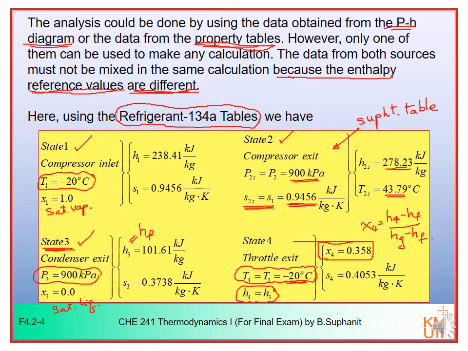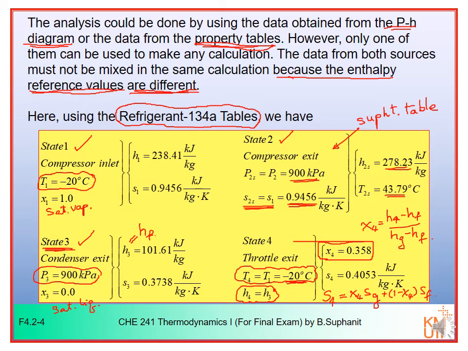Okay, and you can also calculate the entropy as well. Entropy at the valve exit S4 can be calculated from X4 Sg plus 1 minus X4 SF. So you can see that the result would be 0.4053.